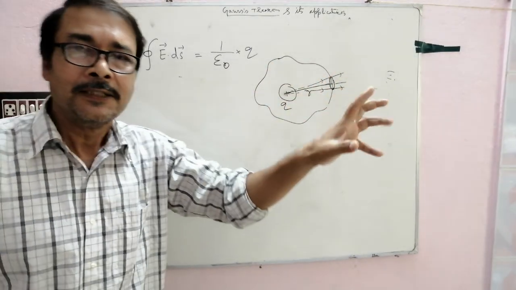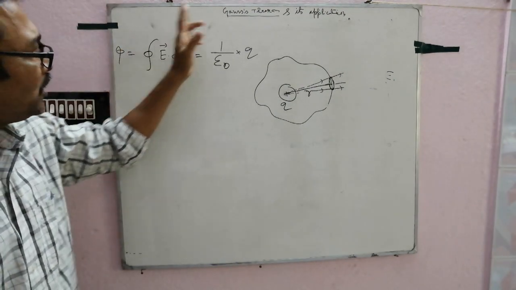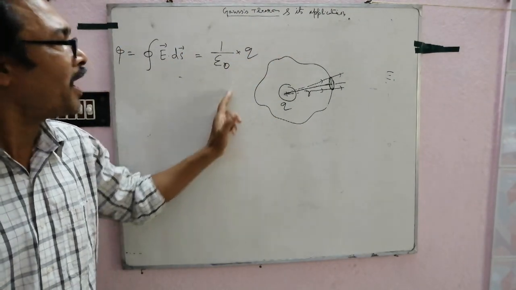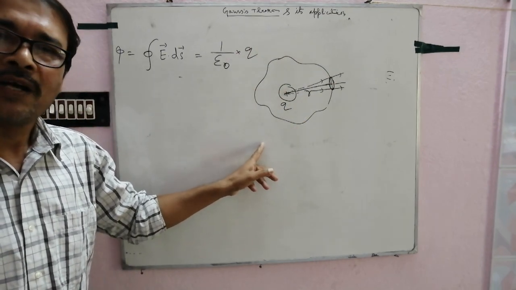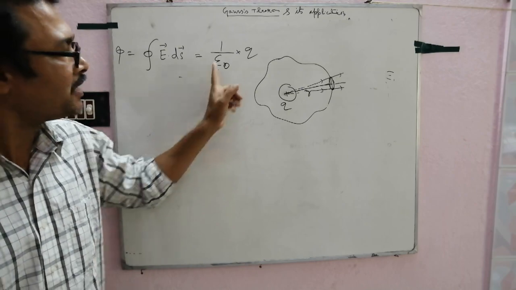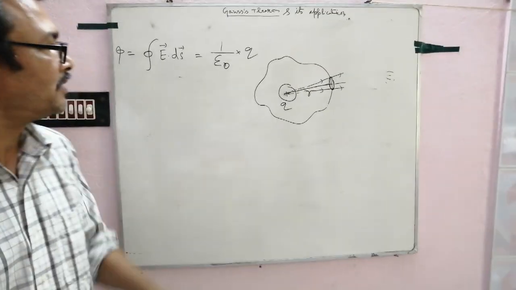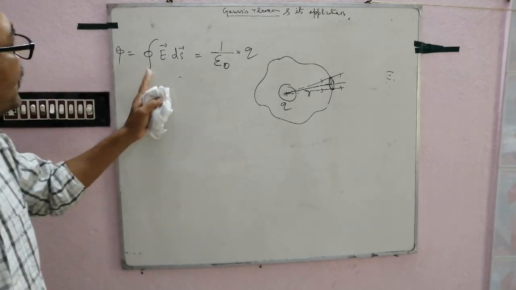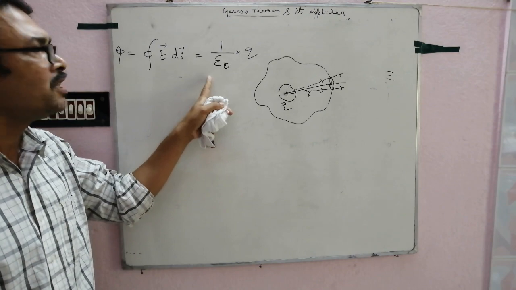Clear? Again I repeat, the total flux over a closed surface in vacuum is 1 by epsilon naught times the total charge enclosed by that surface.